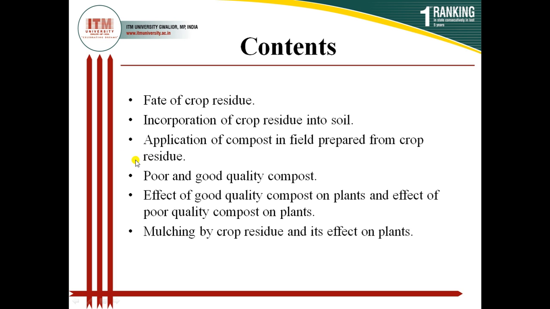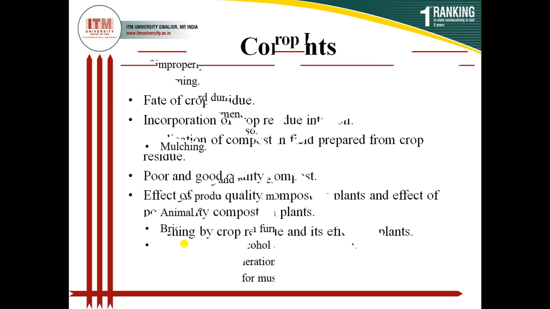Second, off-farm residue management, that is, it is decomposed somewhere else, and then again we bring it to the field and we incorporate this compost into the field. Third is again a type of on-farm management. Here we use crop residue as a mulch. So mulch has certain effect on the plants or on crop, that will be discussed here.